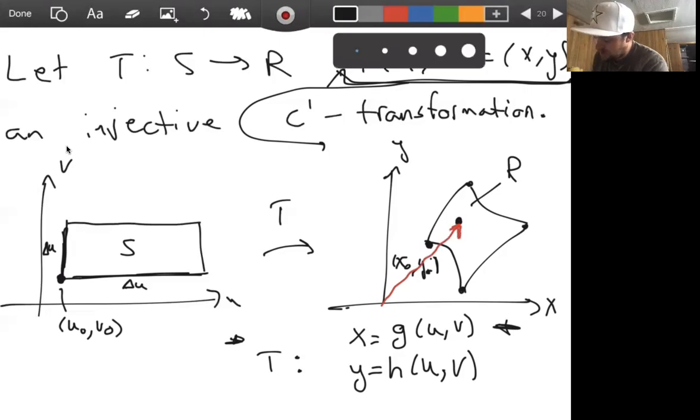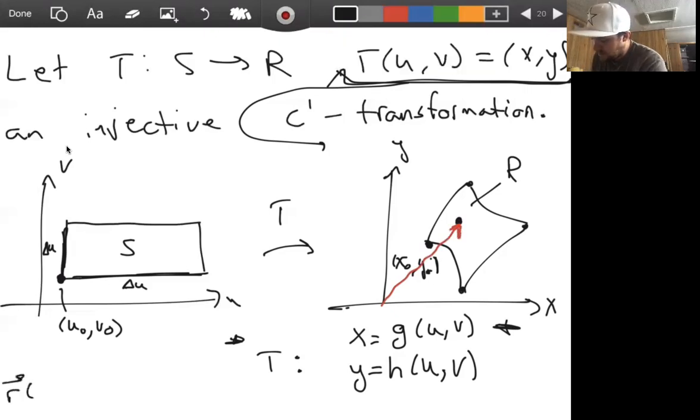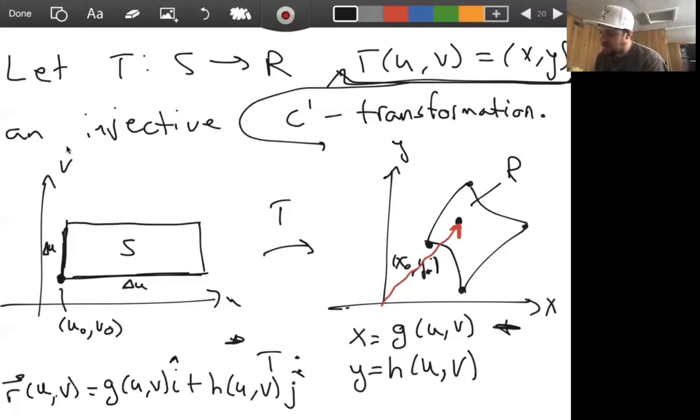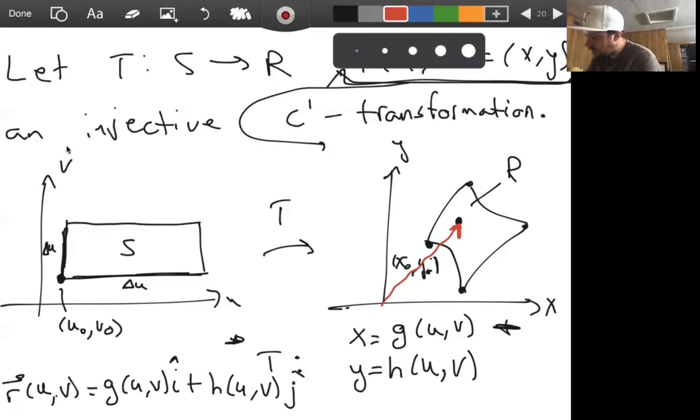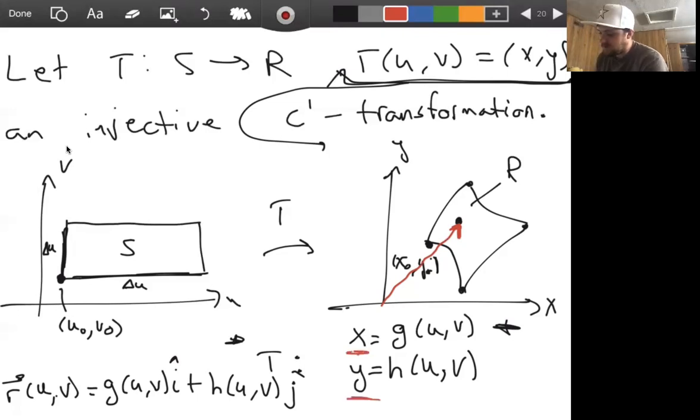We'll call this R of UV, to be G of UV i hat plus H of UV j hat. This is telling us exactly where we're at, because we know X is G of UV and Y is H of UV, so whatever point you're at, you also have this vector, R of UV.